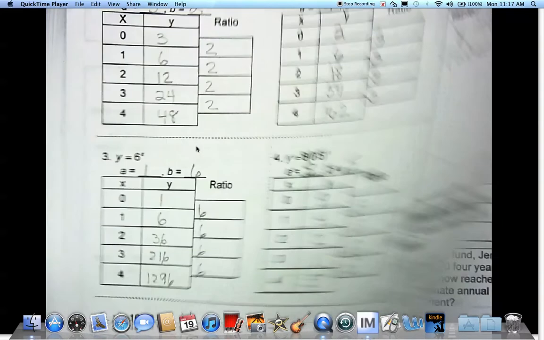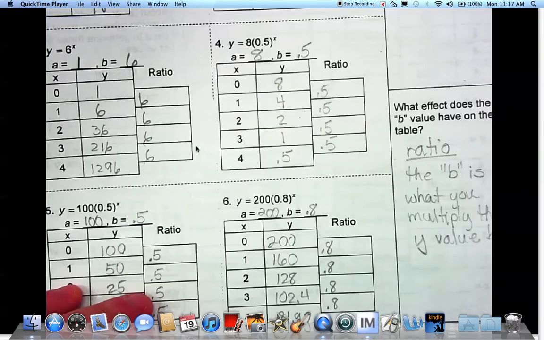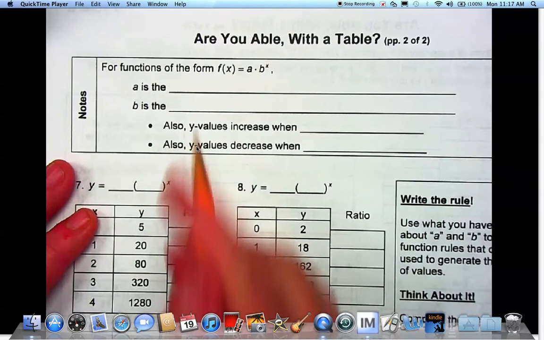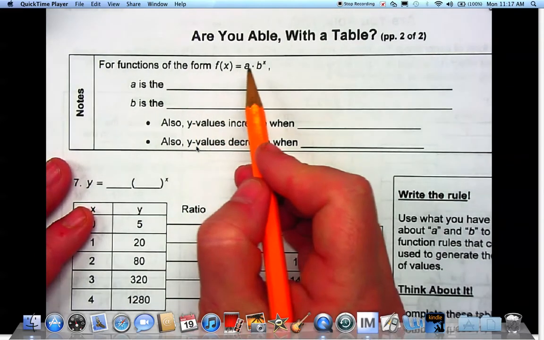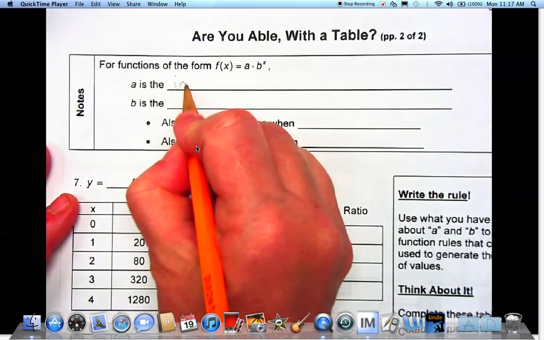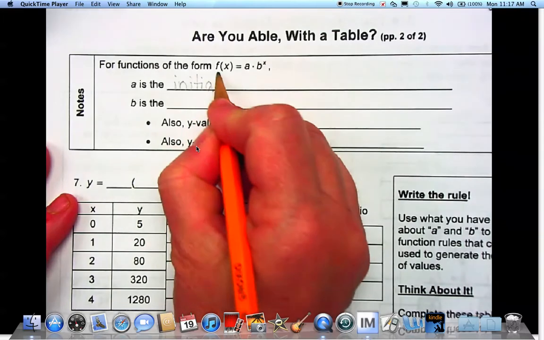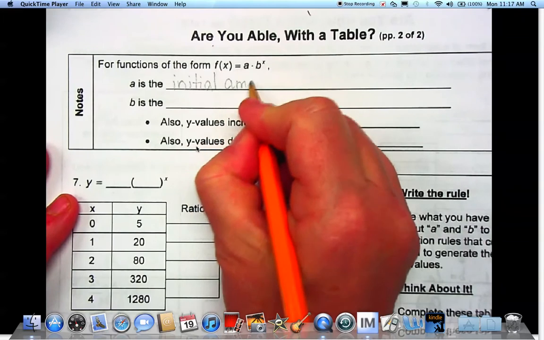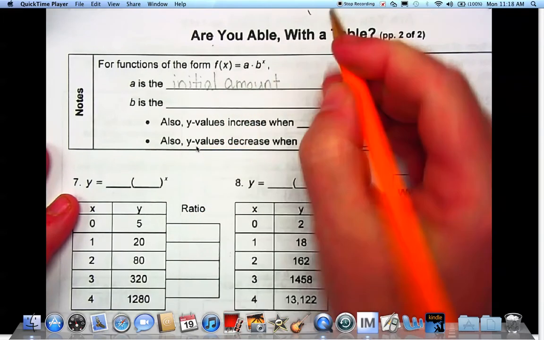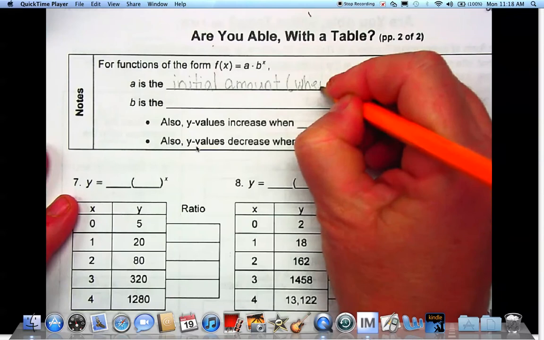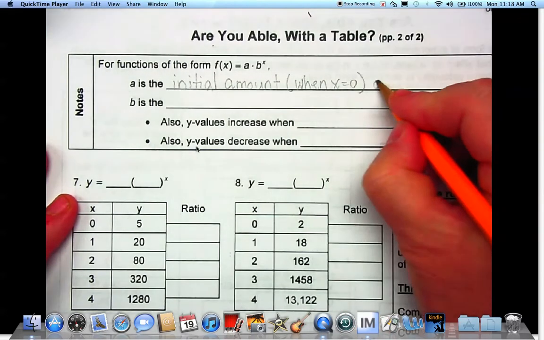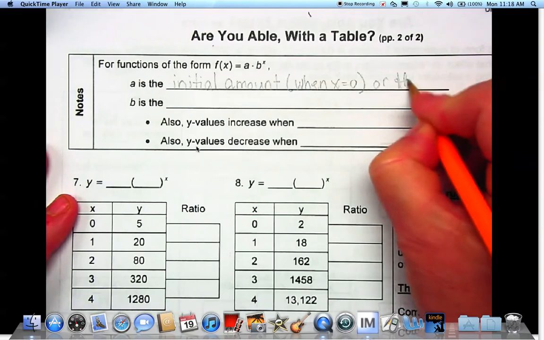Okay, and we're going to basically say the same thing on the back of this. For the functions in the form f of x equals a times b to the x, a is the initial amount when x equals 0, or the y-intercept.